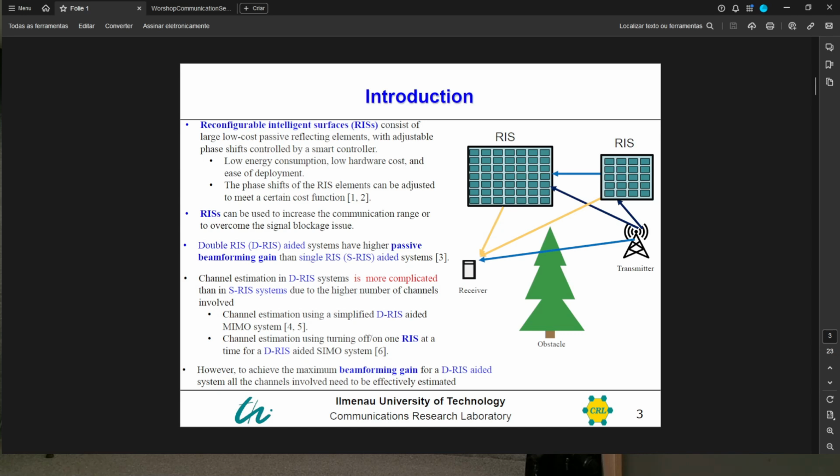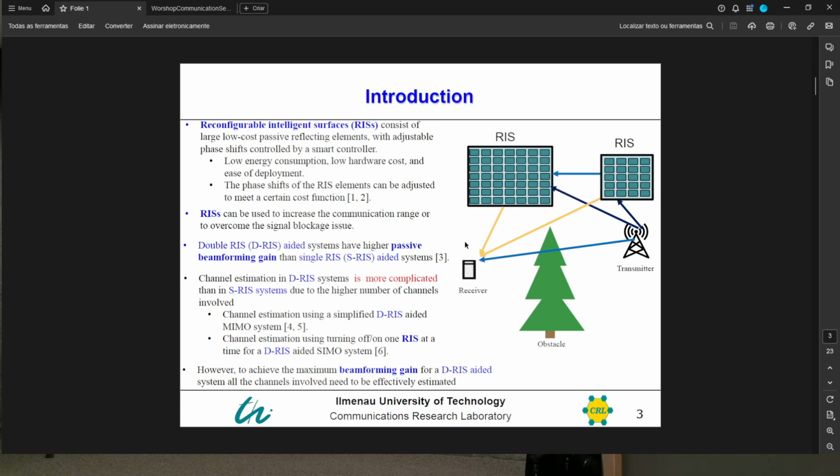And in 6, the estimation is done by turning off one of the RIS at each point in time and estimating the corresponding channels. However, to achieve maximum beamforming gain for a double RIS-aided system, all the channels need to be estimated effectively.